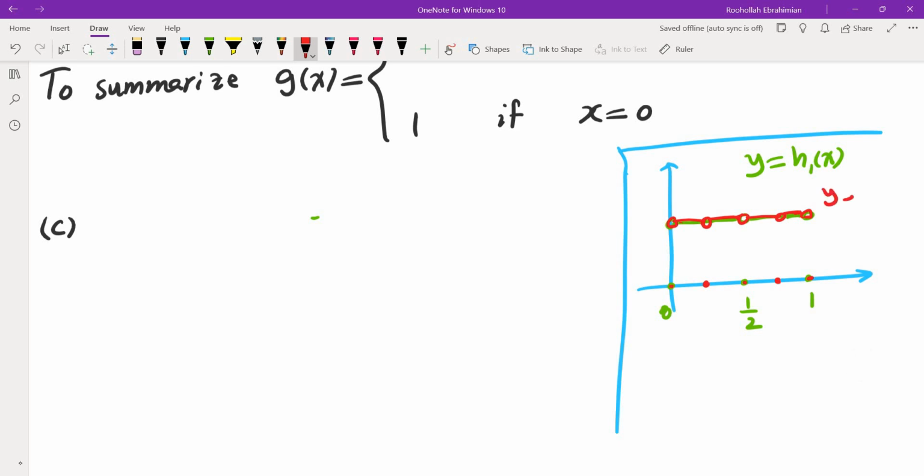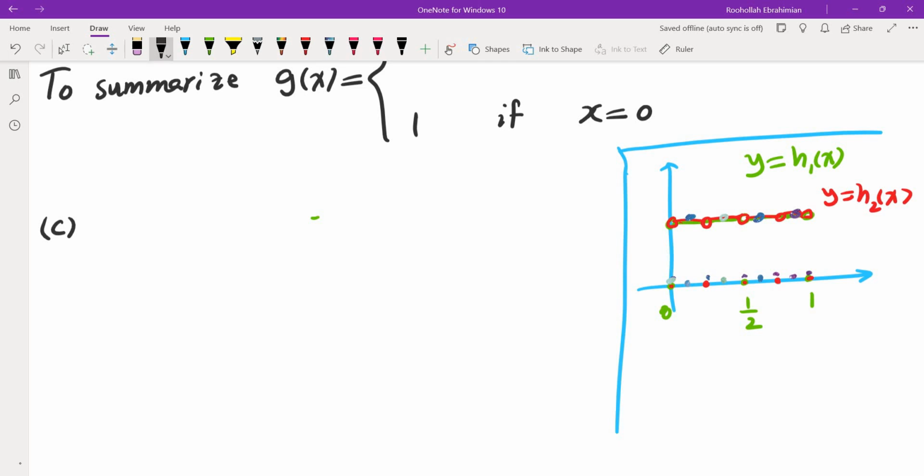So this would be y equals h2 of x. It's almost the same thing as the previous one except for those points. For h3 you would add some more points, and the original points are still going to be there. So this is supposed to be on the x-axis. And then we're going to have a bunch of holes here. So it's pretty much the same thing except that you're adding more points.